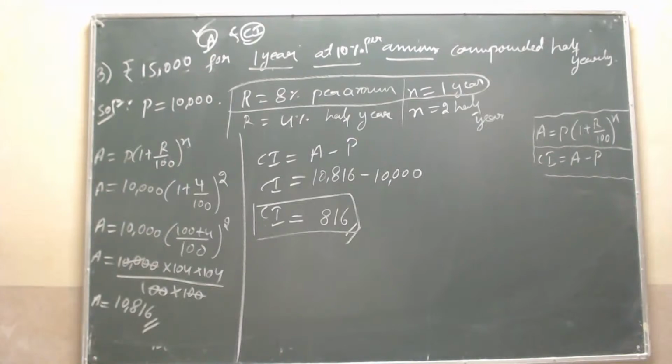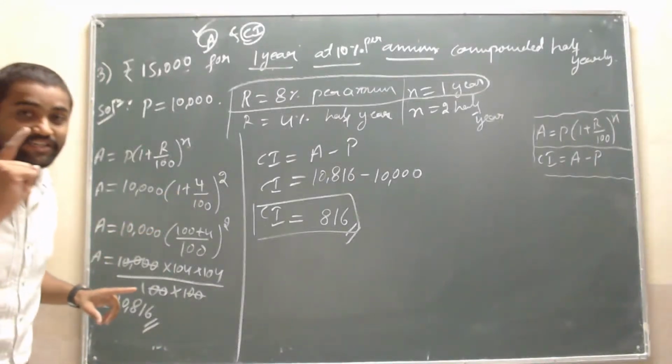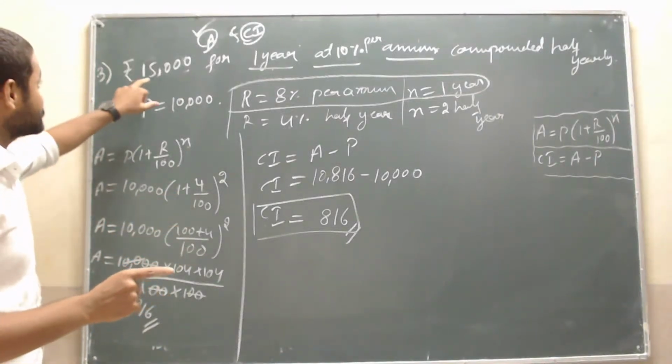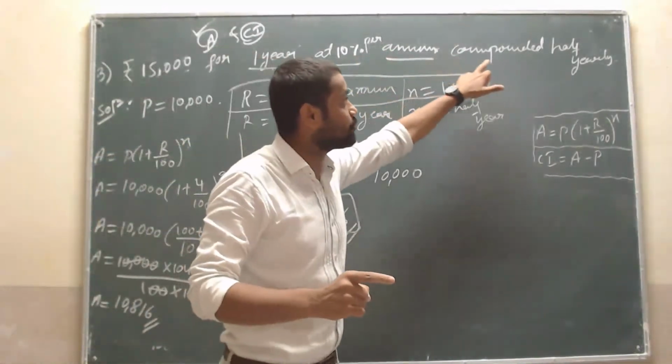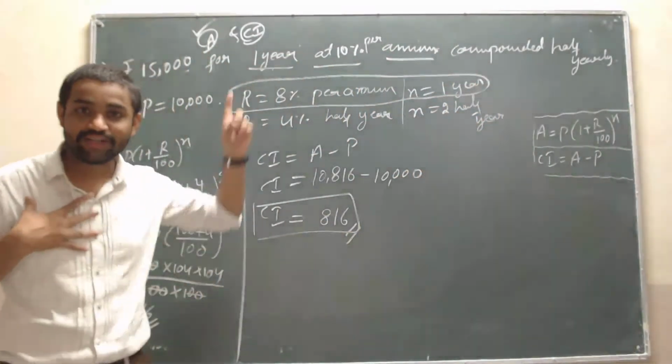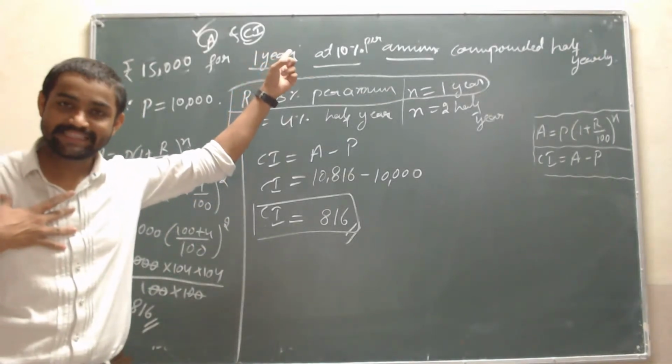Yes, Padma and Sharada and Bharat, and Nagu, 860 rupees is the compound interest. And you have homework, that is rupees 15,000 for 1 year at 10% per annum and compounded yearly. We have to find out A and as usual CI.